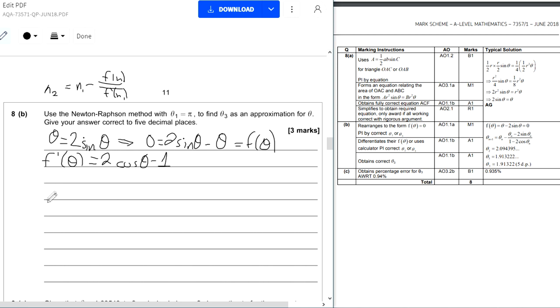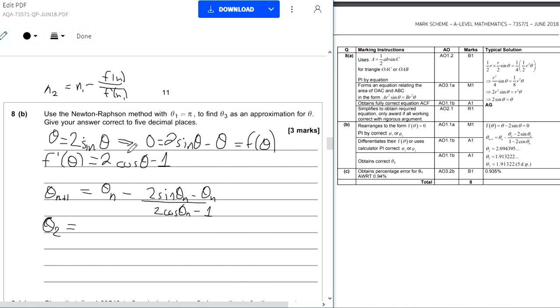Next we plug it into the formula, so we have theta n plus 1 is going to be theta n minus 2 sine theta n minus theta n over 2 cos theta n minus 1. And then all we've got to do is plug in what we know. So theta n, we have theta 1, so if n is 1, then this is going to be 2.